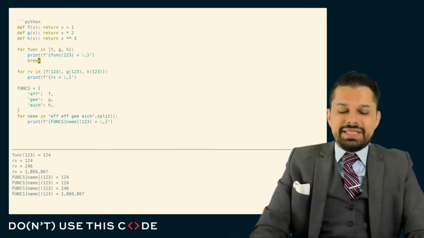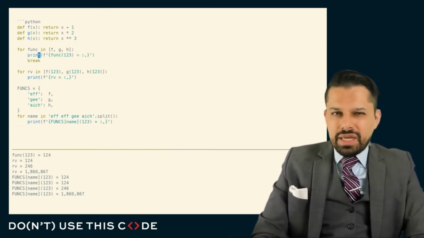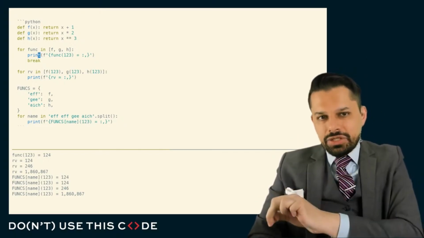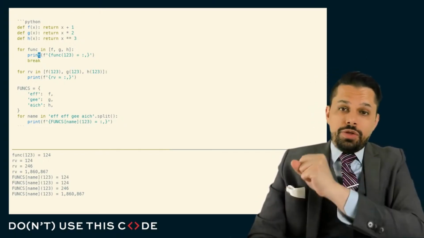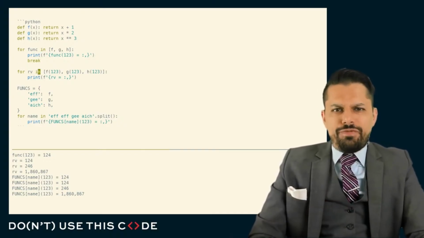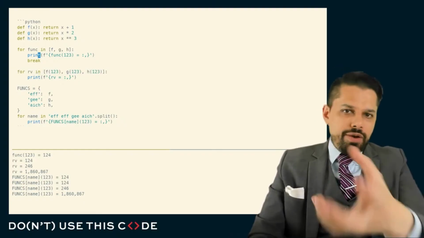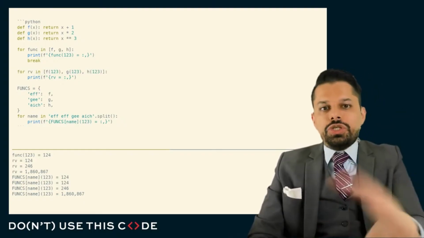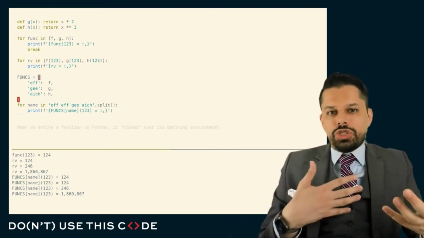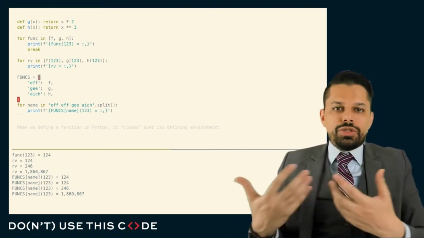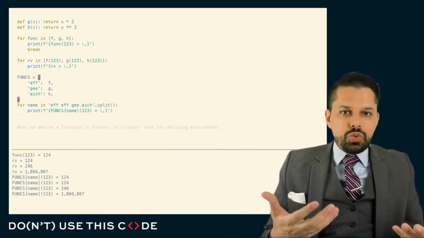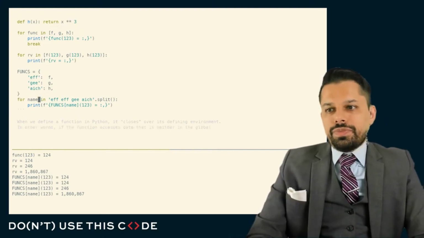Additionally, it may be the case that the loop body is the time when I have access to all the arguments that need to be passed into these functions. For example, if the result of F were then passed to G and then passed to H, well, I couldn't run them all up front here, but I could say, okay, execute F, and then execute G, and then execute H by putting it into a list. And here, obviously, you can see I can do some kind of switching mechanism. I could have some user input that determines which function is going to be called, or I can implement something very similar to a case switch in other programming languages.